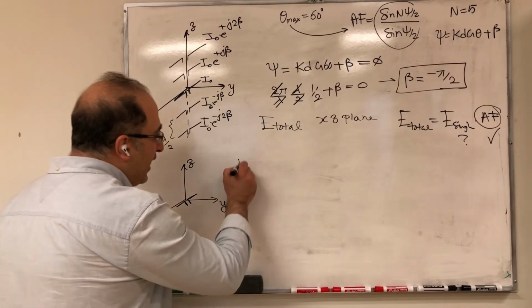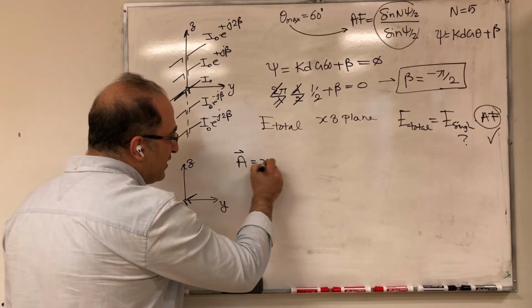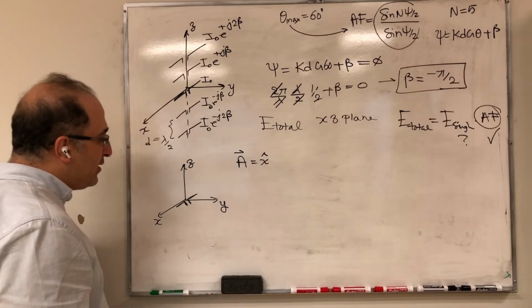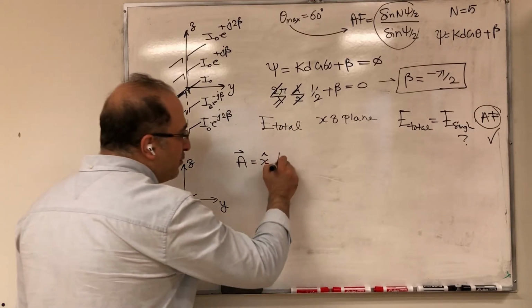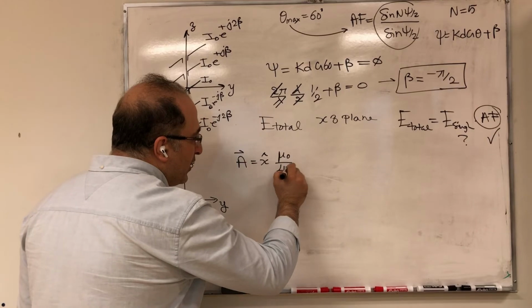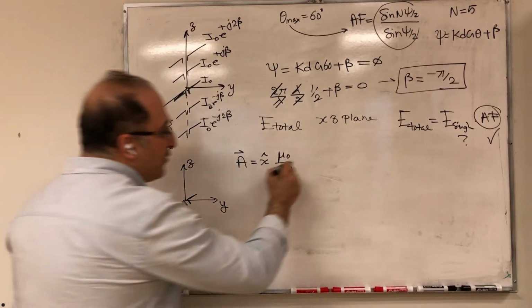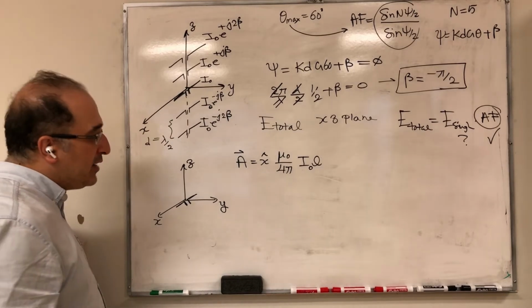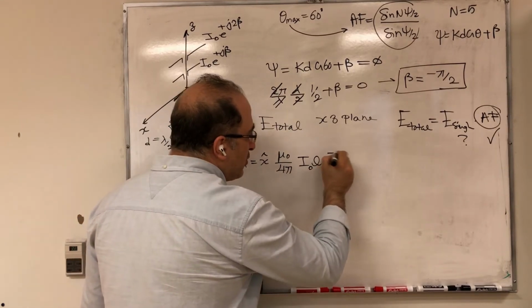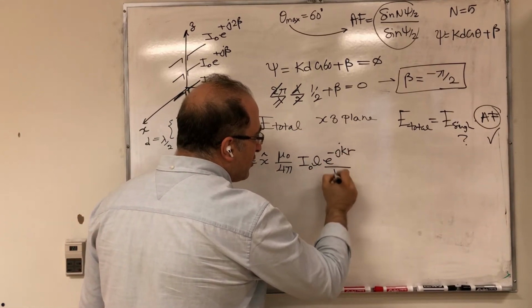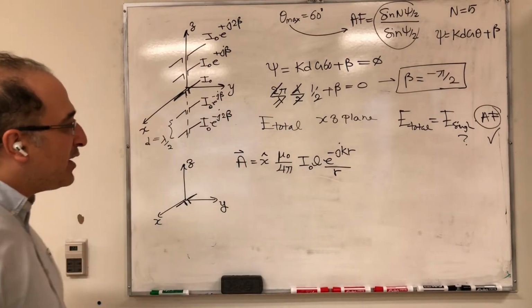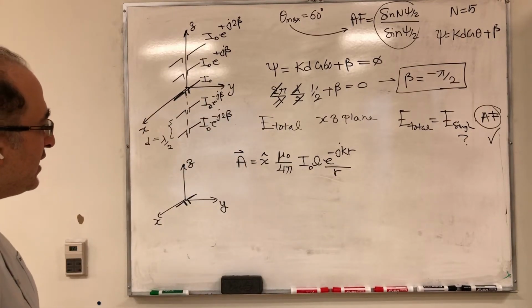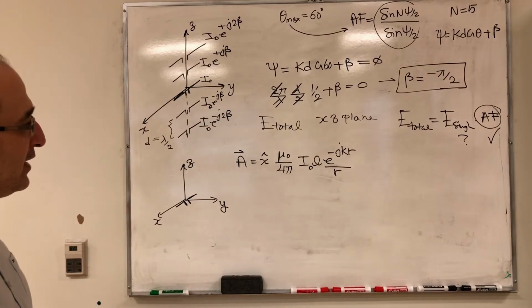If you remember, A is of course in the direction of current, x hat, and then I have mu naught over 4 pi, times I naught, which is the current, times the length of the antenna, L, and then e to the power of minus jkr over r. So this is my magnetic vector potential for this single antenna element.